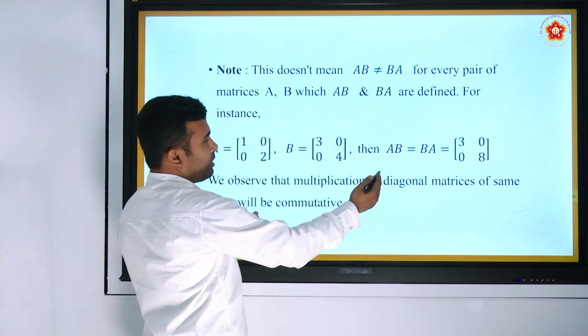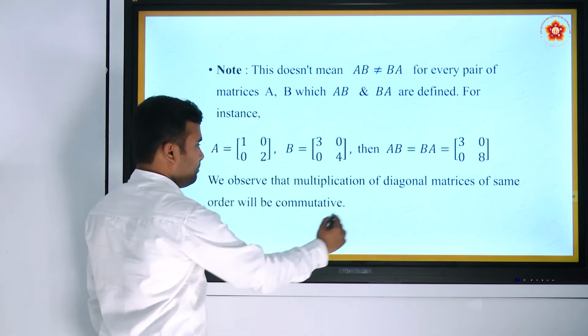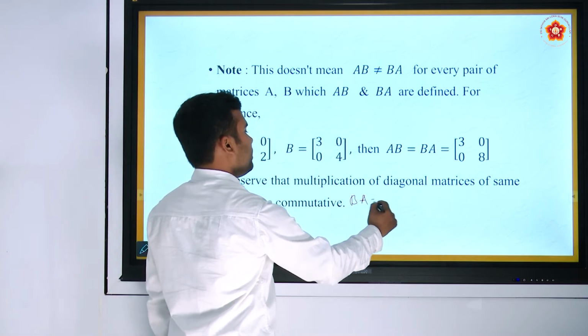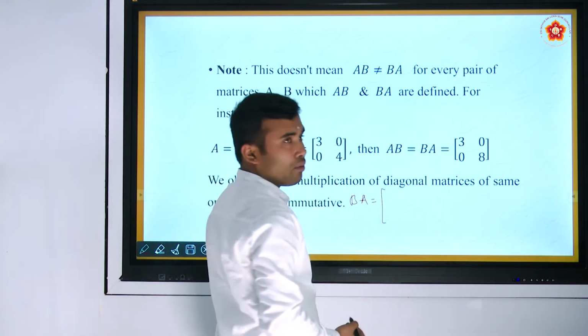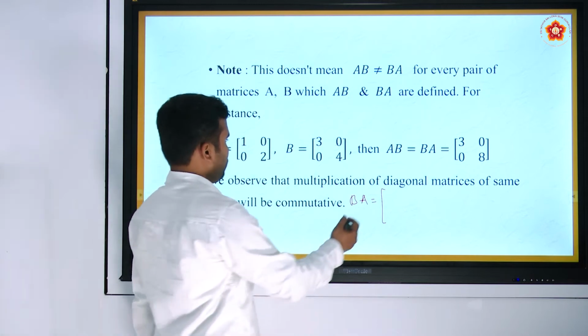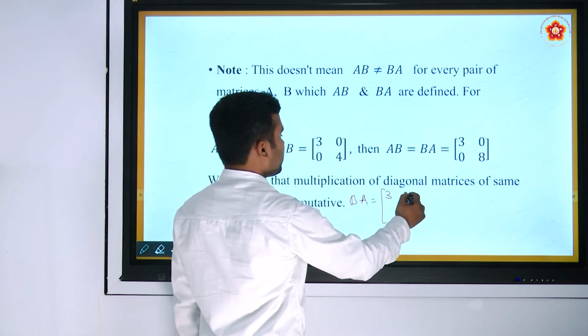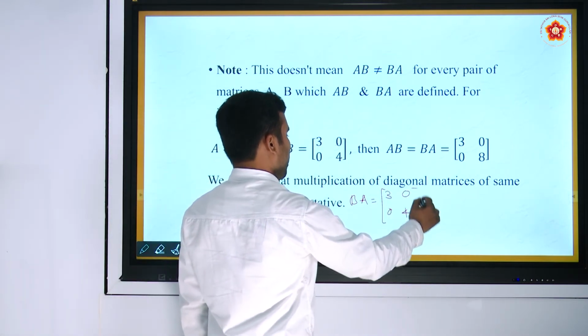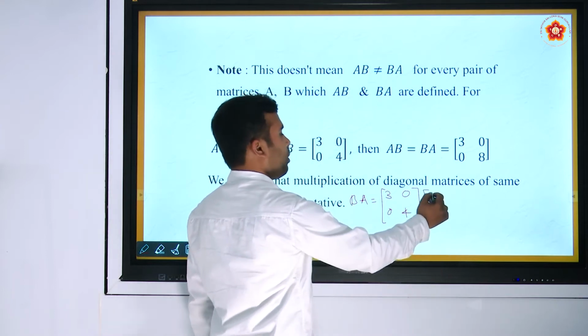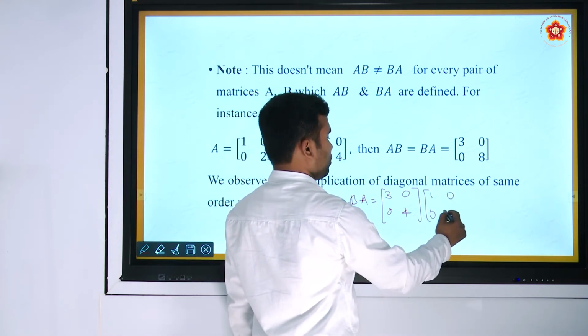Okay, and BA also, that is B into A. So this is AB now. Similarly, you find BA. What is BA? B is [3 0; 0 4] and A is [1 0; 0 2].